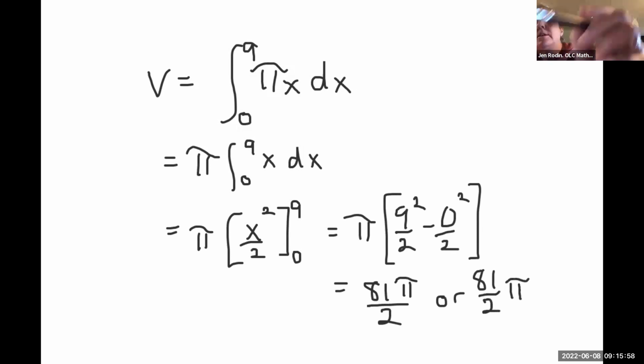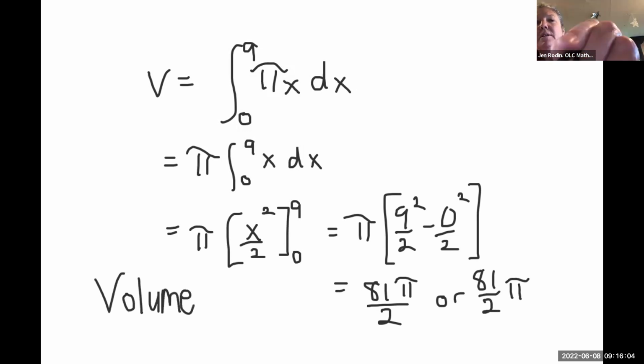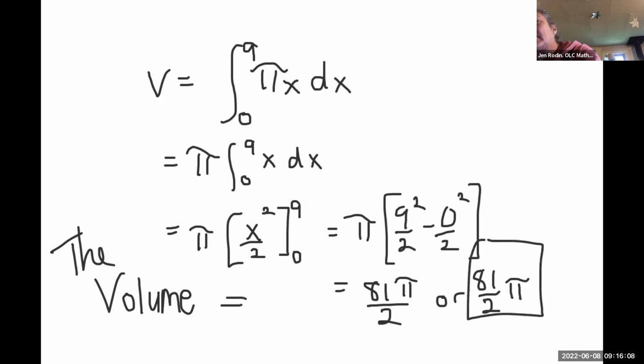So that's the volume of that region, that solid. The volume equals that. Like before, we would say cubic units in real life, but in these problems on the graph, we don't. We just put the number, 81 over 2 pi.